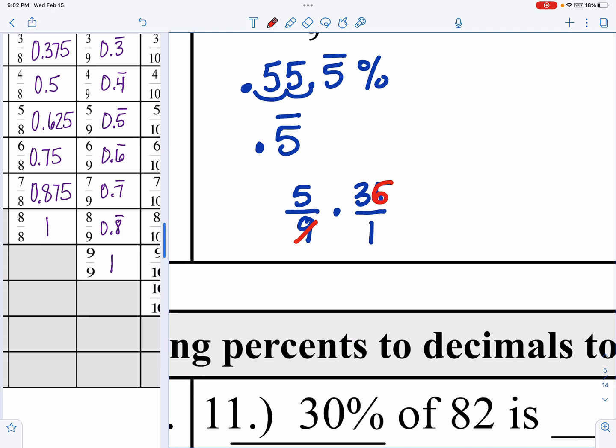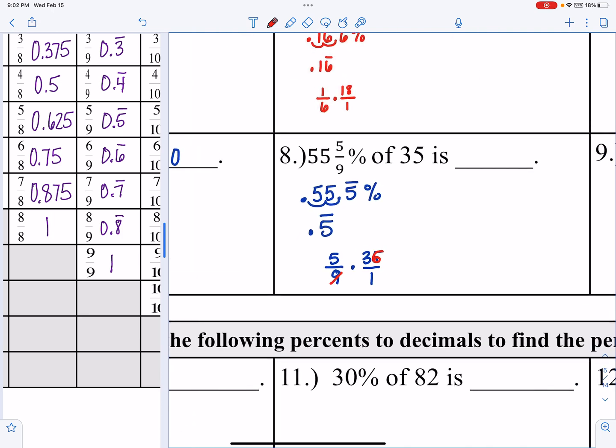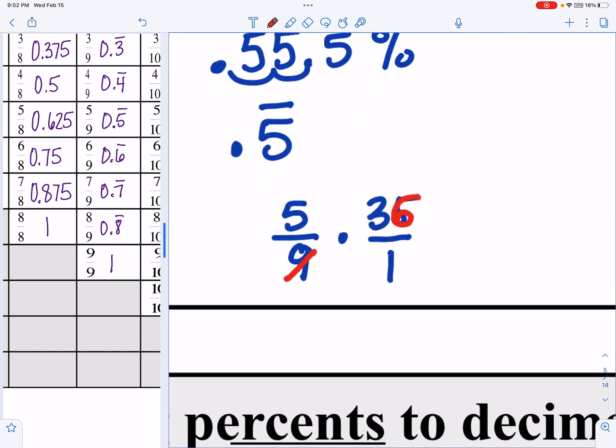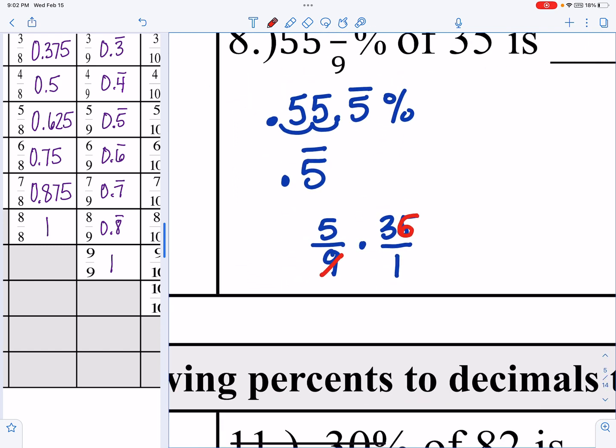The purpose of this is for you to just do some mental math and estimate these without necessarily having to go to a calculator. Okay, and so I could divide by 9. Both of these cross simplify, and I get a 1 here, and 36 divided by 9 is 4.